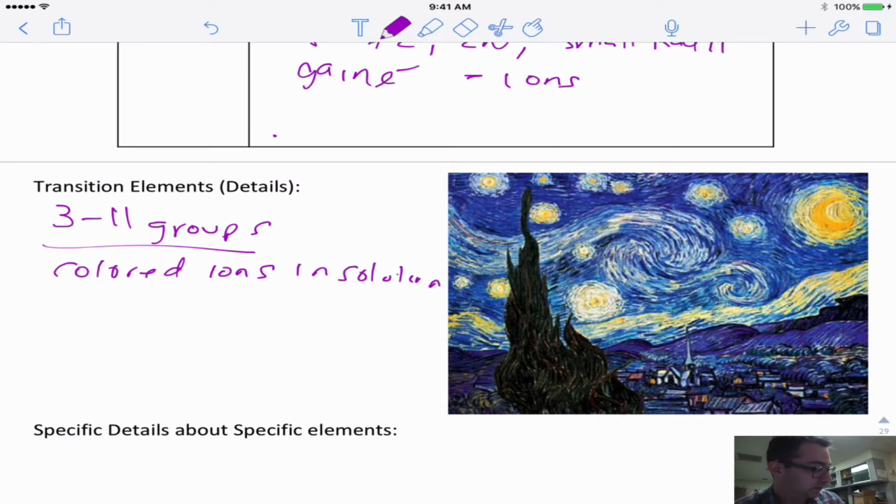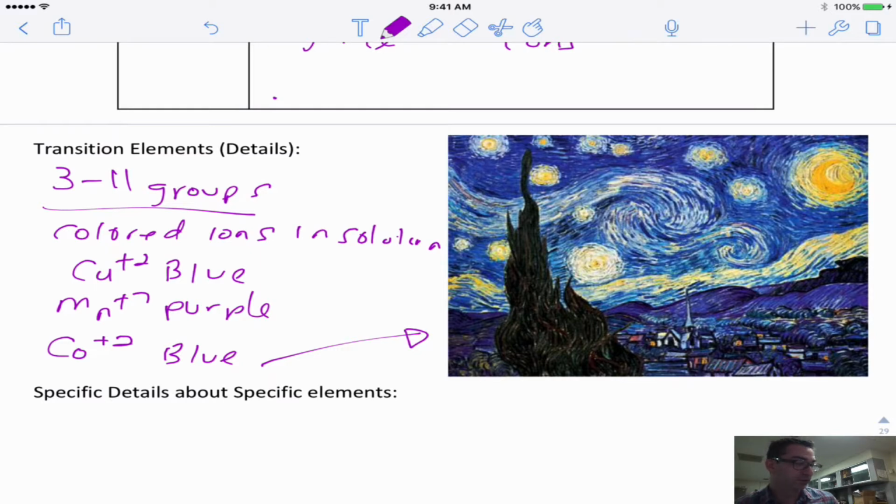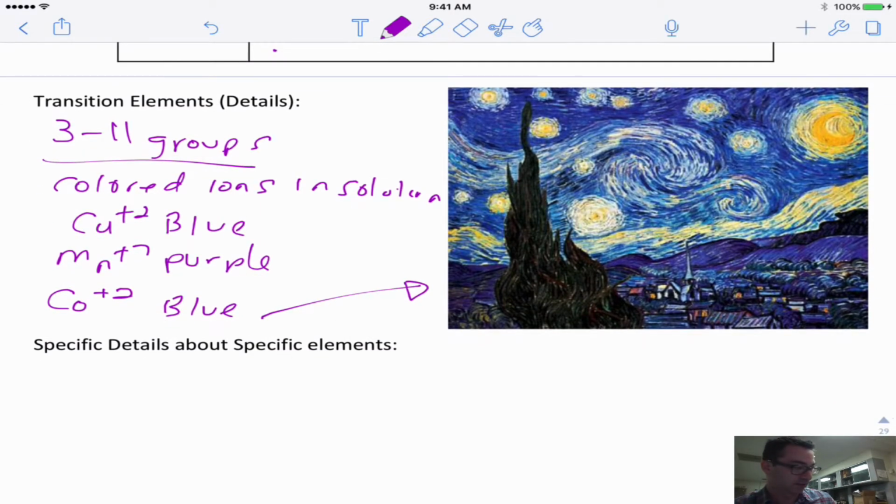The most famous of them are copper +2, having this beautiful blue color, manganese +7, this deep purple color, cobalt, I think it's +2 as well, or +3. This has this beautiful blue color. In fact, this paint here from Starry Night is using cobalt blue. If you go to the art store and you pick up some cobalt blue, you'll see it's really kind of expensive. It's about $30 for a small tube of it.